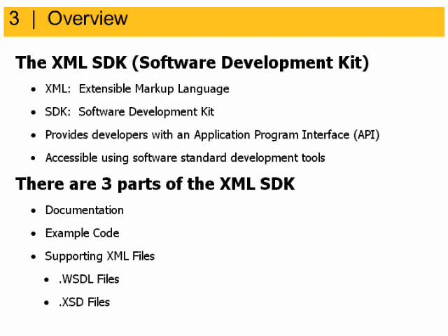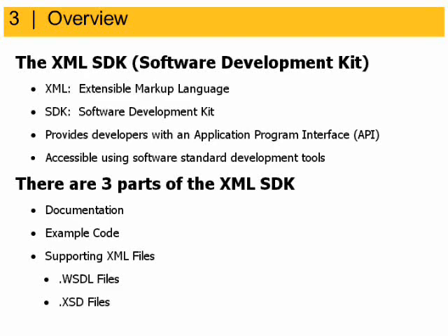The second component of the InSite XML SDK is the example code. There are examples for using the API with Java and Perl. The third component of the InSite XML SDK is the supporting XML files: the WSDL, or Web Services Description Language files, and XSD, or XML schema files.